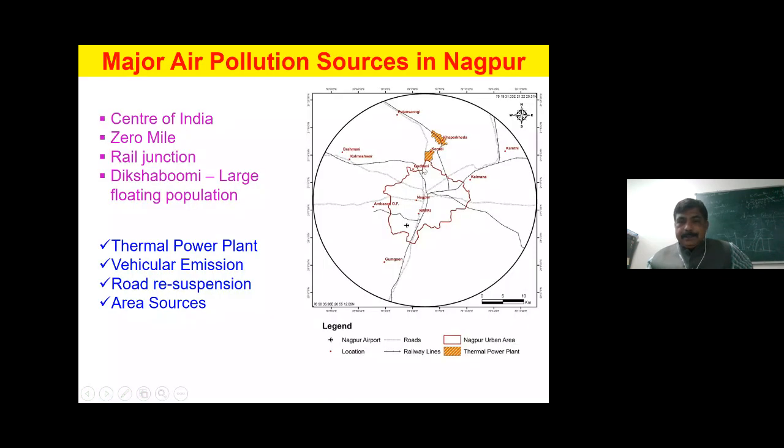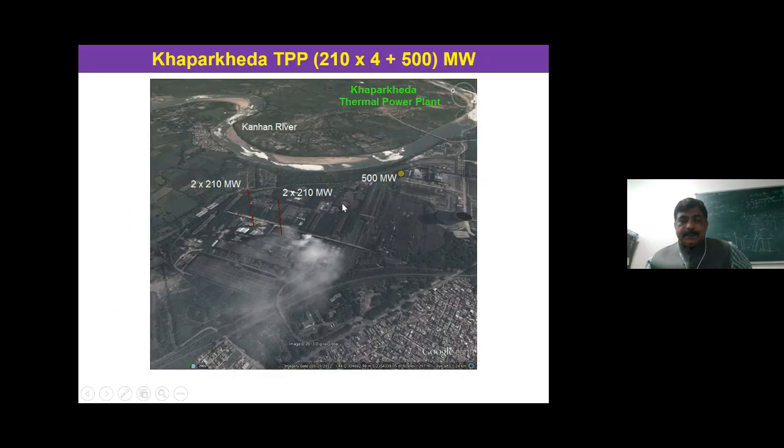This is the GIS map of a 25-kilometer radius around central Nagpur city, Koradi, Khaparkheda. This is in the previous picture of Khaparkheda: 2 by 210, twin stacks, 2 power plants, another power plant of 500 megawatt. One more has come up recently, and here is the Kanhan River.